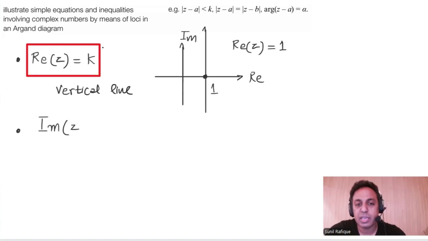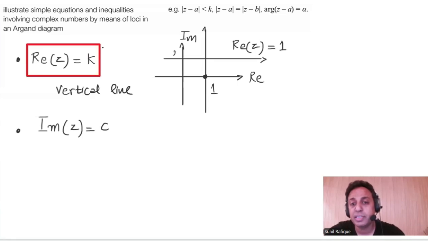Similarly, now you know I don't need to explain it that much. Im z equals, let's say, c. The imaginary part of z is always like a horizontal line. So if I make a line here, remember from your Cartesian system, if this is, let's say, 2, you say this line's equation is y equals 2, but in a complex plane, in the Argand diagram, you will write its equation like im z equals 2.